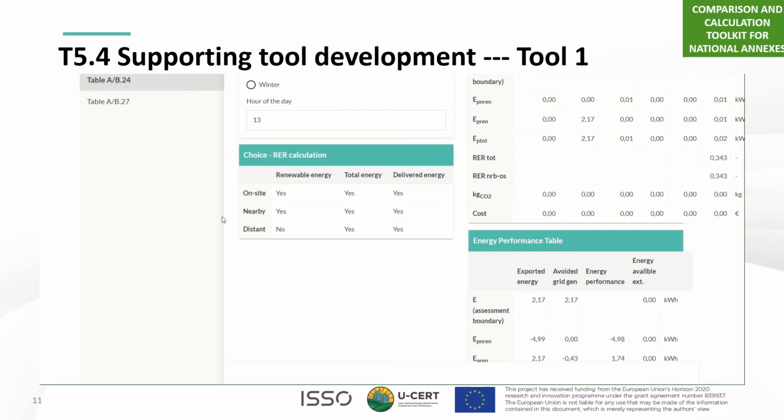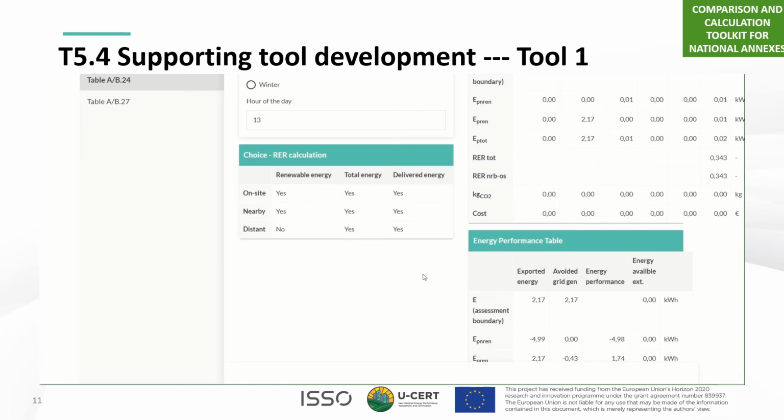It specifies whether or not to include nearby and distant in the calculation. The first two columns are for the calculation of the renewable energy ratio, while the third one specifies if delivered energy from on-site, nearby or distant are taken into account within the building's energy balance.